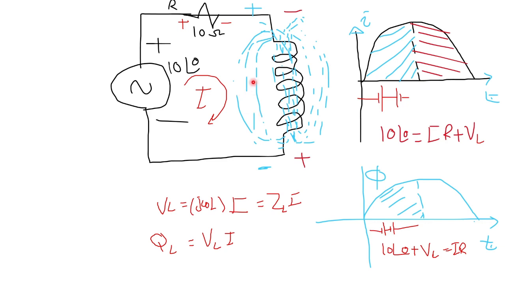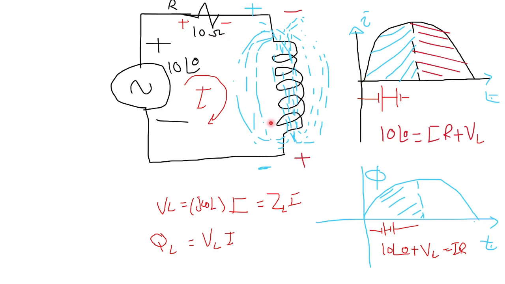So the voltage drop or the EMF on the terminals of the coil will have a polarity similar to the voltage drop on the resistor, meaning this here is positive and here is negative. So when the current is increasing, when the rate of change of the current is positive, the coil acts similar to the resistor.